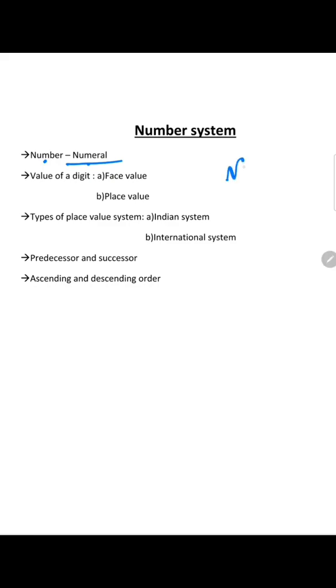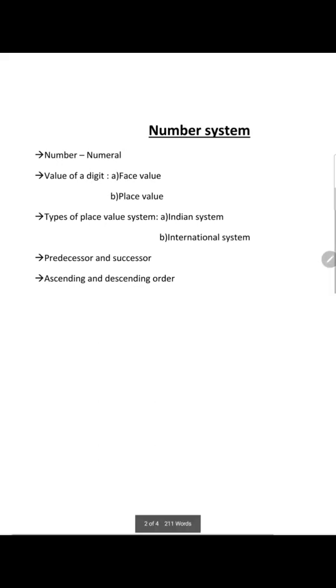If I take 8, 9, 7 as we just have taken, there are 3 digits here, right? When you combine them, I got a number 897. Now, this can be called as a number and this can also be called as a numeral.